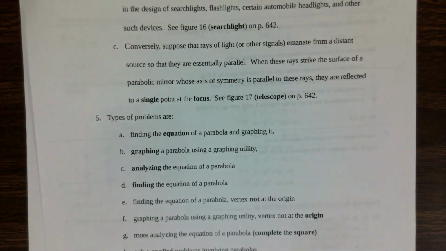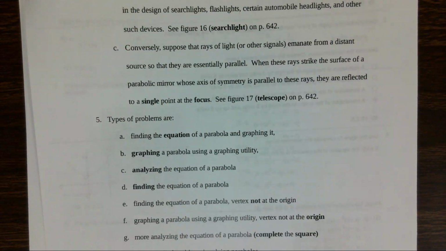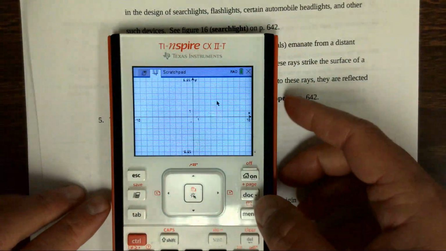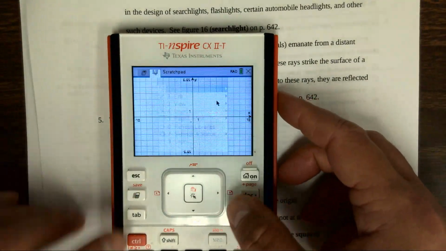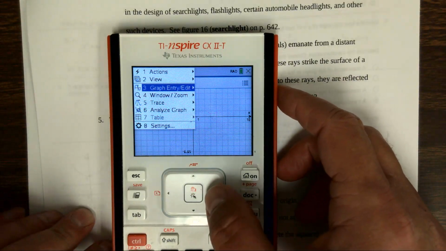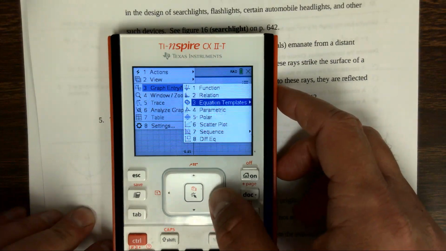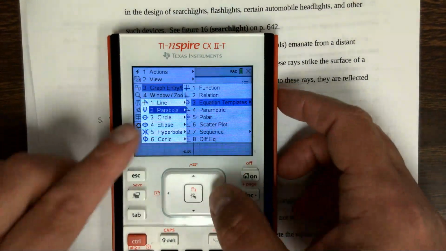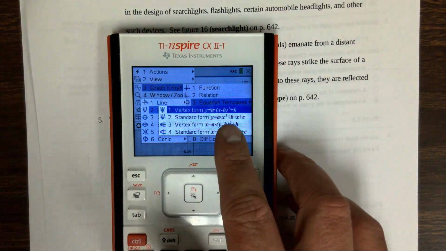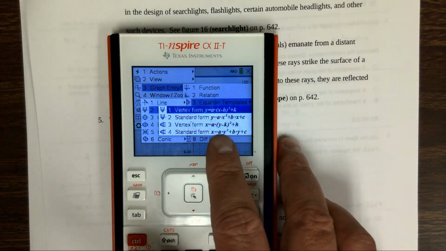Now, what you may remember from the last section when we talked is that you could go to equation templates, and we want parabola, which is number 2, and that's where it shows you your vertex form or your standard form.